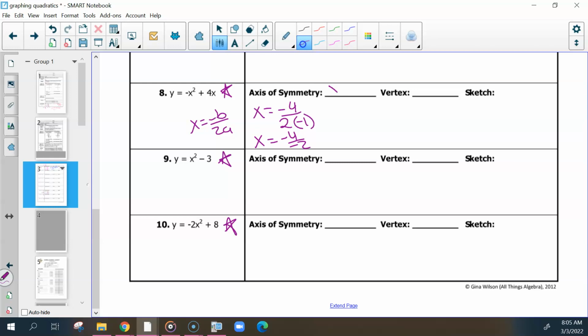So x equals 2. And then we can put this in to find our y value.